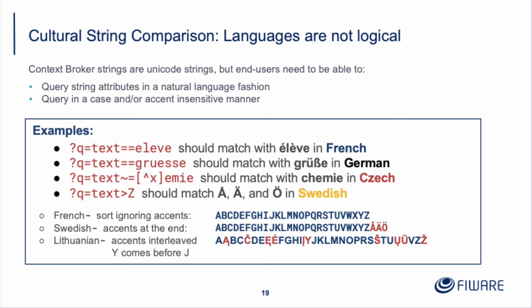So what tends to happen is that this is going to be a system-specific issue, and therefore, again, it's not something which is done within the context broker itself. The context broker will help, but it's not done within the context broker itself.